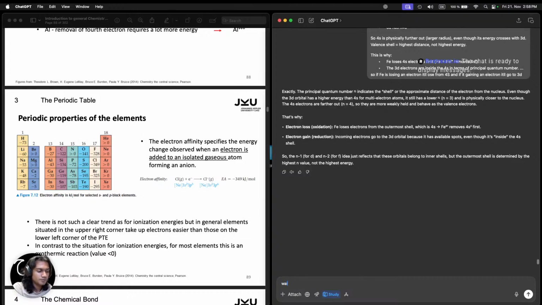Wait, I thought physically or visually 4s is inside 3D, and the radial node is part of the d orbital or f orbital.